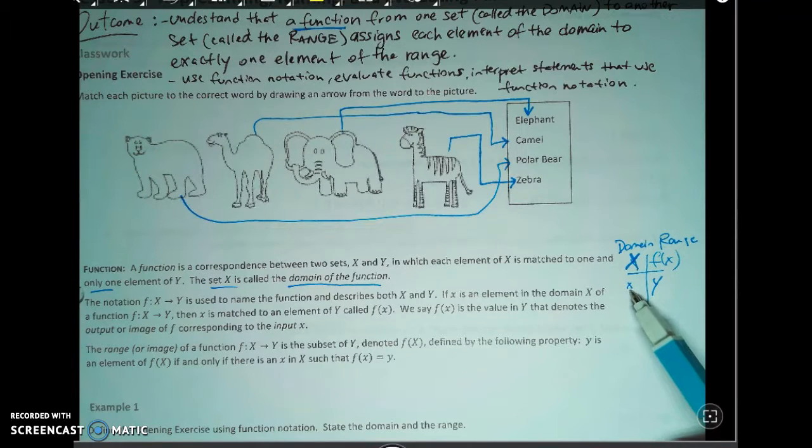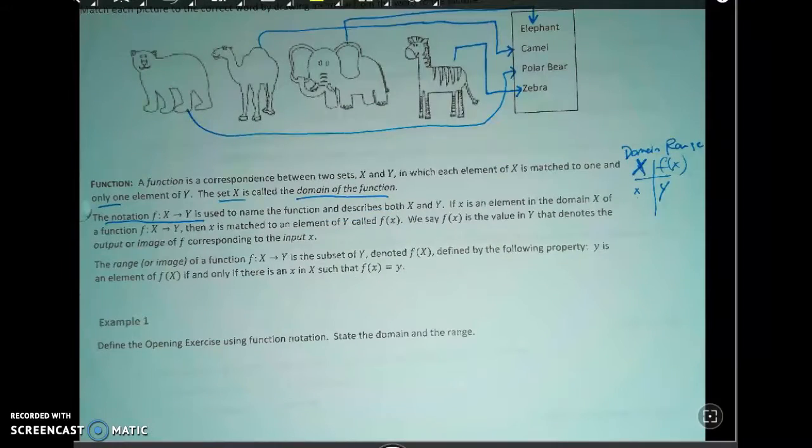So one element from the domain has a unique relationship with one element in the range. Okay, but please make sure you read this in, and if you have questions, you need to let me know.